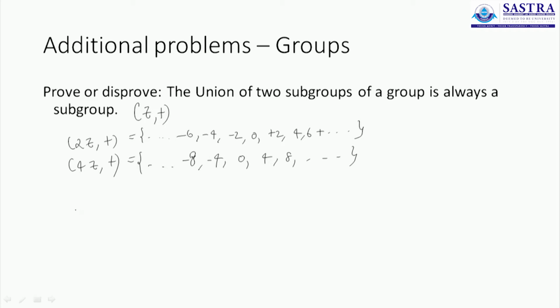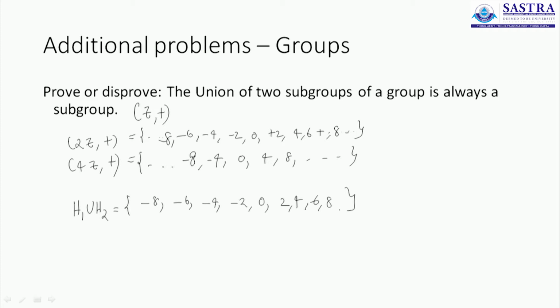Now the union of these two, H1 and H2, is going to be all elements put in the bag again. That's minus 8, minus 6, minus 4, minus 2, 0, 2, 4, 6, 8, etc. Now, is this set closed? Actually, it is closed.